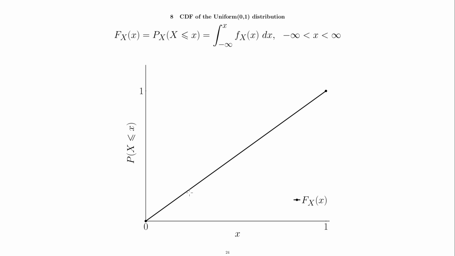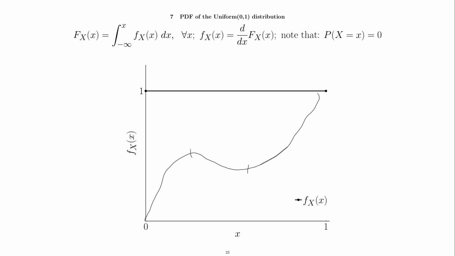Since this is the integral of little f of x, somewhere on this interval you would have to have a negative probability, and that's not allowed.